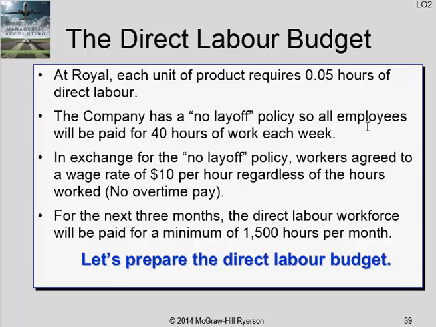The company has a no layoff policy, so all full-time employees are paid for a full-time amount of work, whether they work that amount or not. But here, there's no overtime pay. For our purposes, that simplifies things, but in the real world, this can get a little bit complex. So the direct labor force is going to be paid for a minimum of 1,500 hours per month.